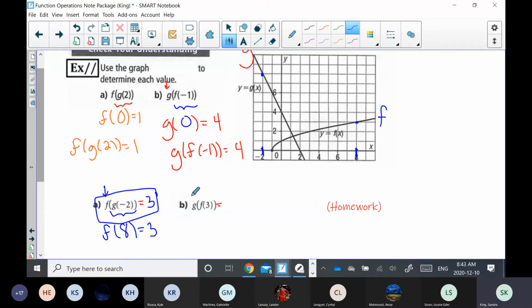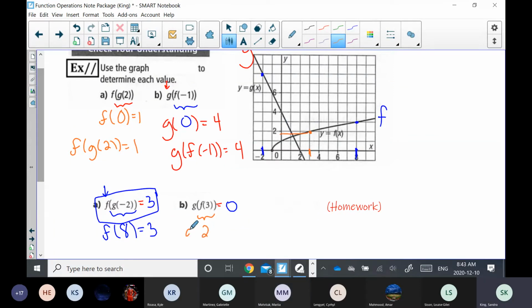For this guy here, g of f of 3. Maria, did you get this one? Yeah, I got 0. It would be 0. Yes. So that's the answer. How she would have gotten that. Maria, what did you get f of 3 was? It's 2. Yes. F of 3, you guys, would be right here, and that's 2.